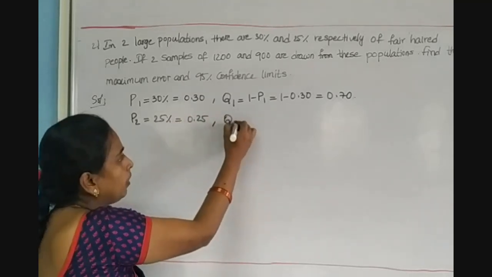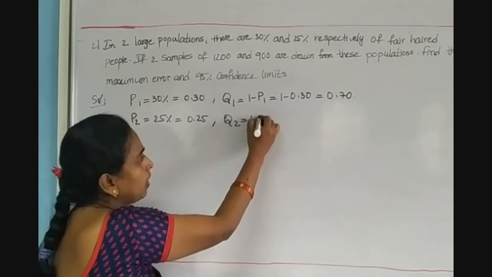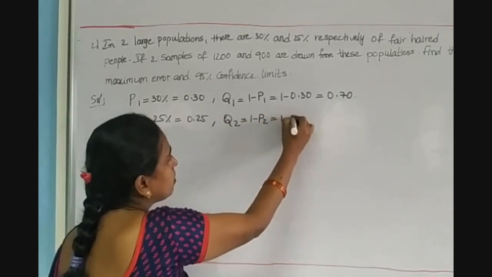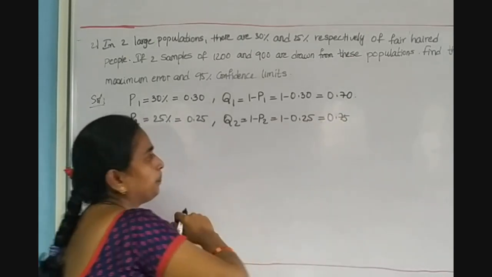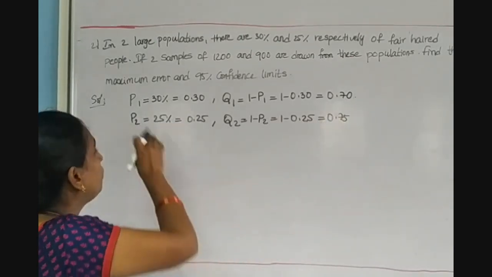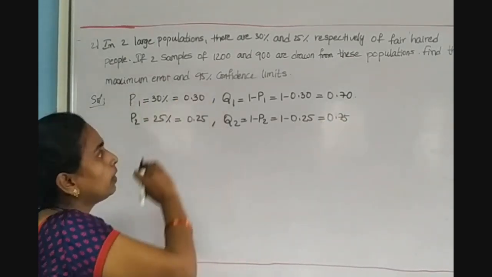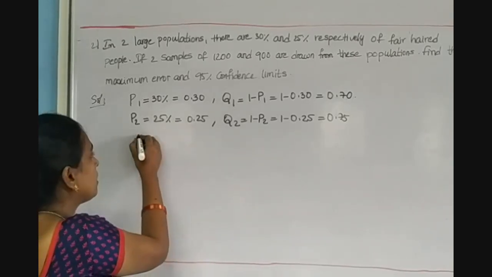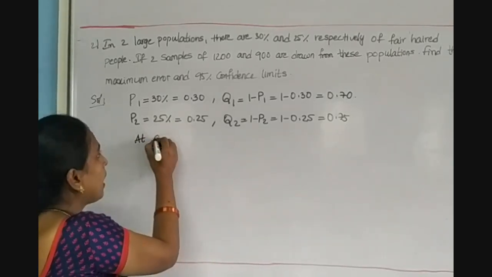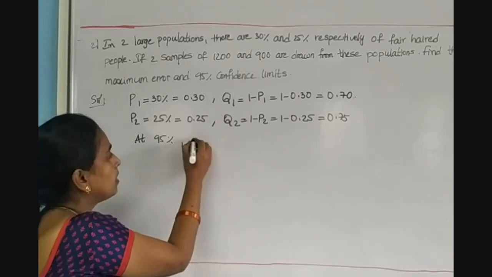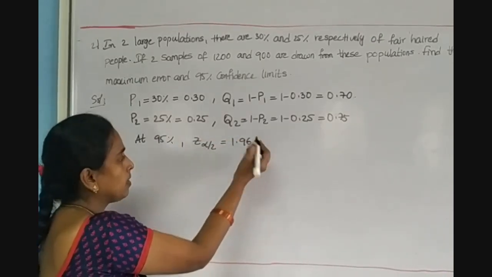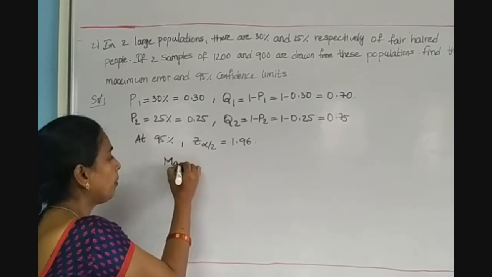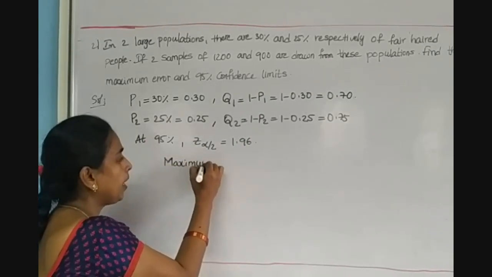From this we can estimate Q2, that is 1 minus 0.25, that is 0.75. Here they asked to find the maximum error and 95% confidence limits. At 95% confidence, Z alpha by 2 value is 1.96.